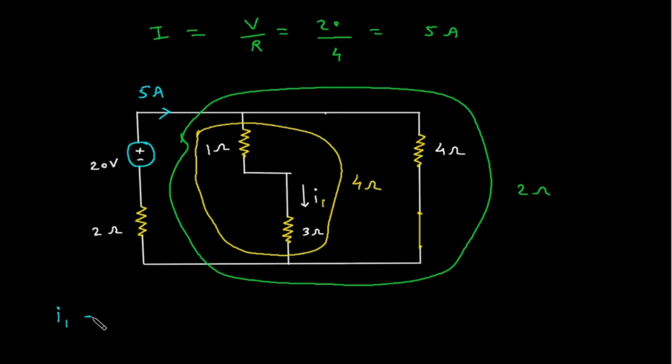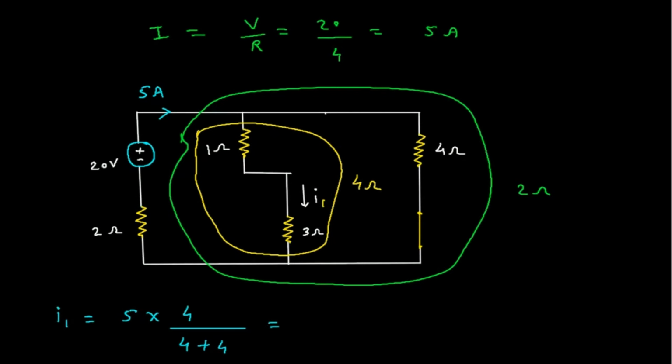I1 is equal to the current 5 ampere into opposite branch resistance, which is 4, by this 4 plus 4.